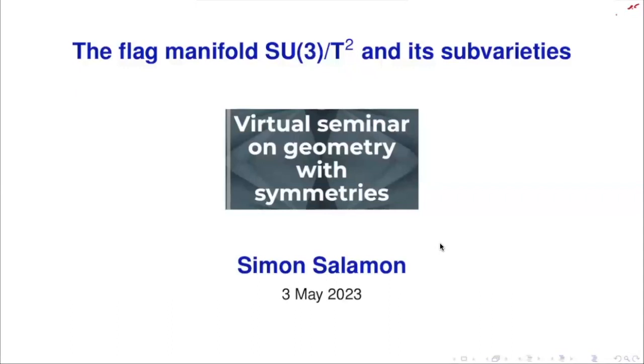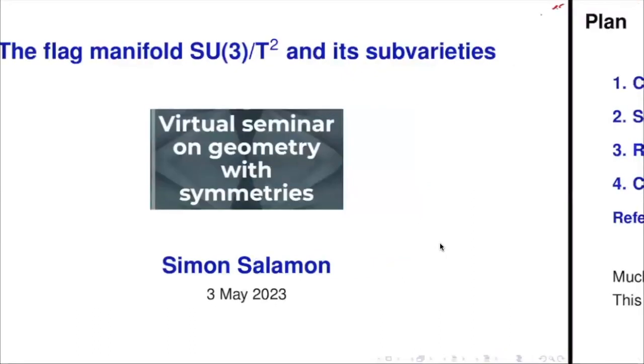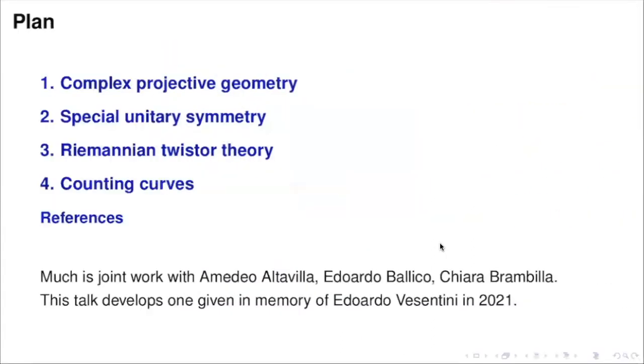So what I want to talk about today is a combination of fairly elementary complex projective geometry and Riemannian geometry. Well, the first thing to say is this is joint work with Altavilla, Ballico, and Brambilla.